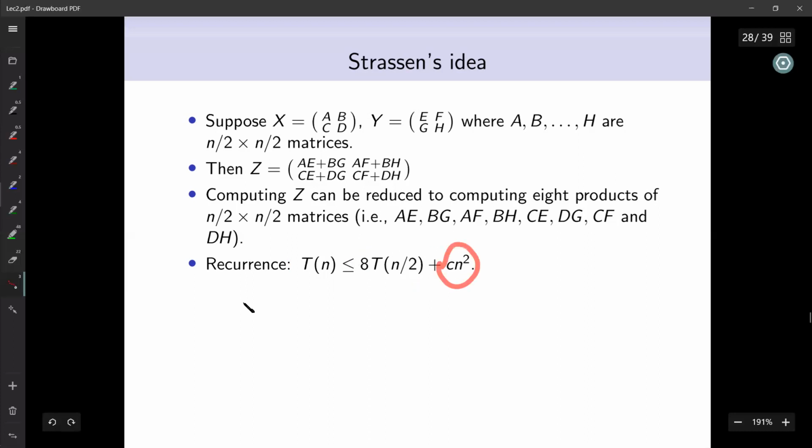So what is this? This is the time required to retrieve, so basically the addition of n by 2 matrices. Okay, so that is it. So you can see that any n by n matrix can be added in time n square, right?